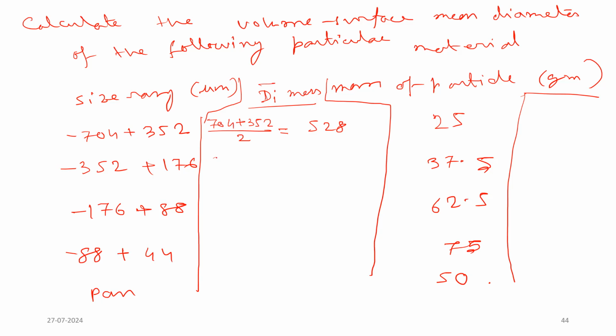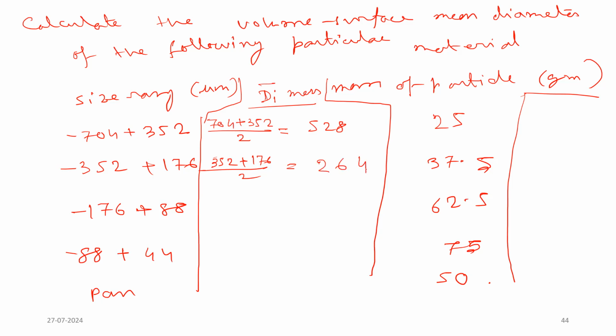So we are summing both the extreme ranges and dividing by 2. So it is 352 plus 176, which is 264.